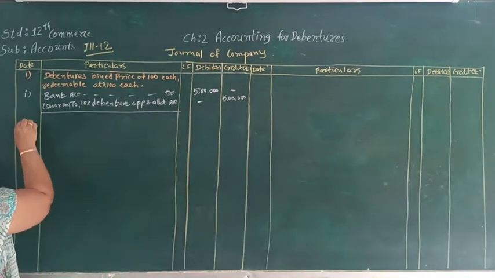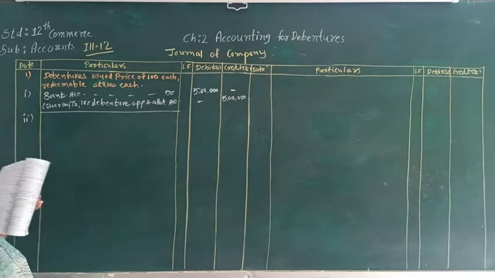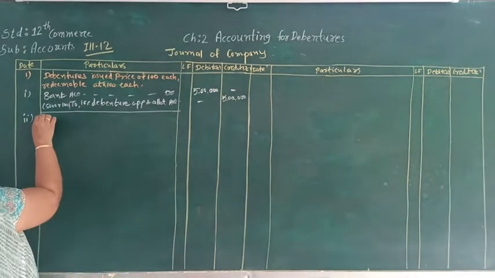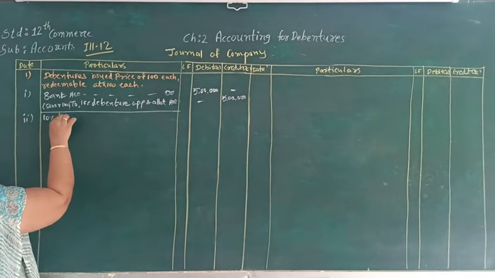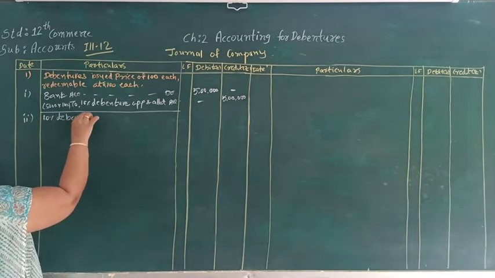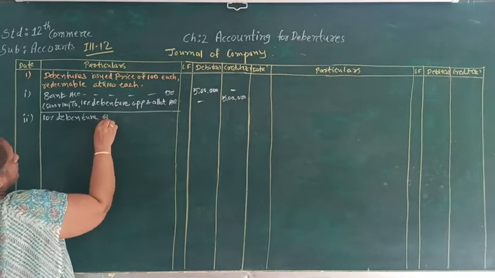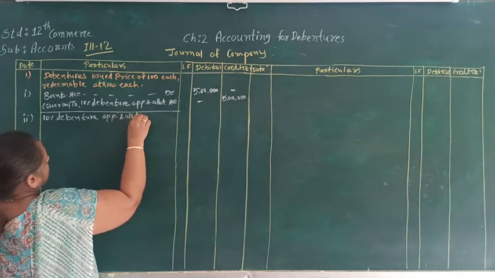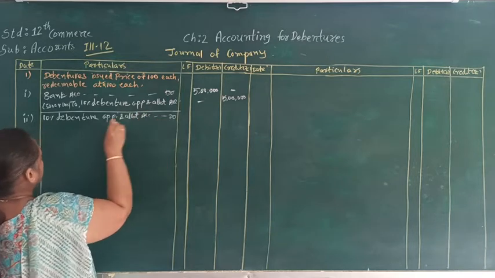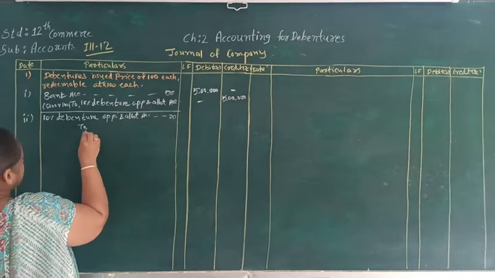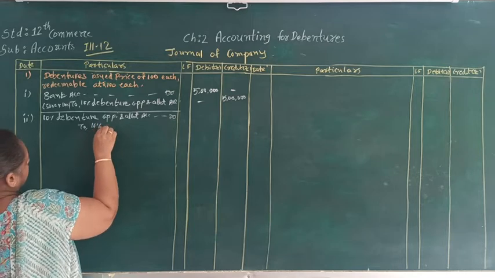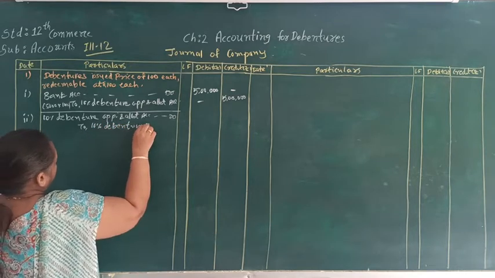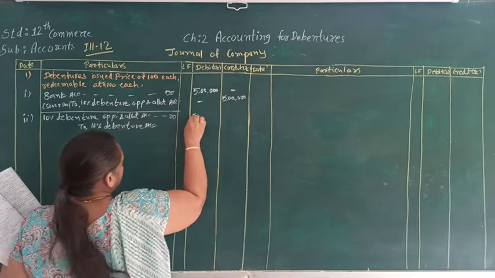The second journal entry, when the debenture application account is transferred to debenture account, will be: 10% debenture application and allotment account debit to 10% debenture account, and the amount will be 5 lakh.